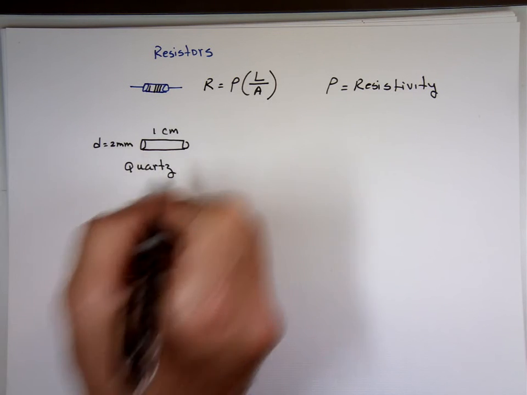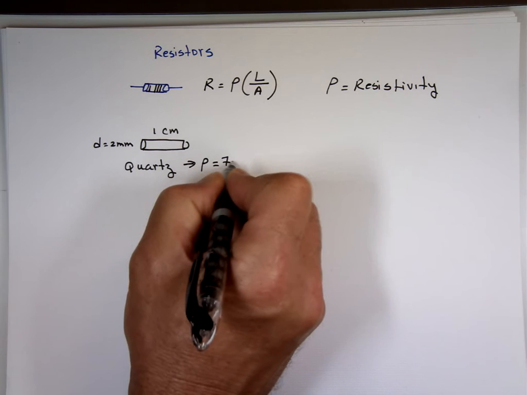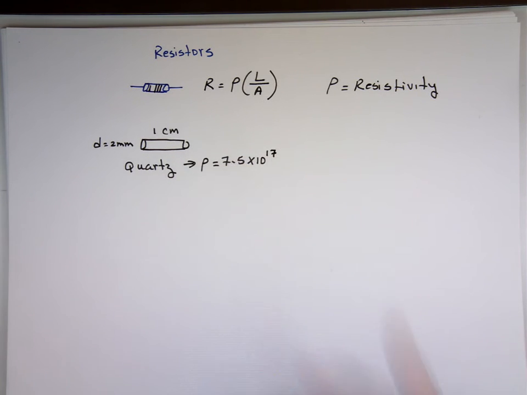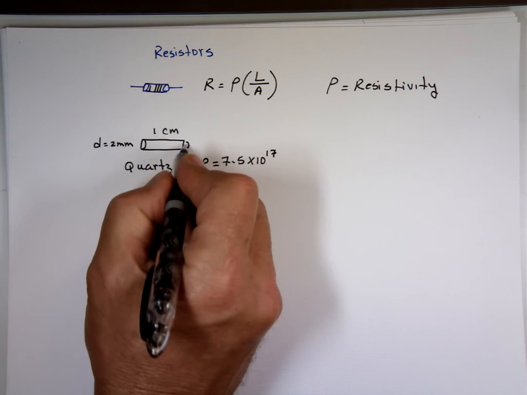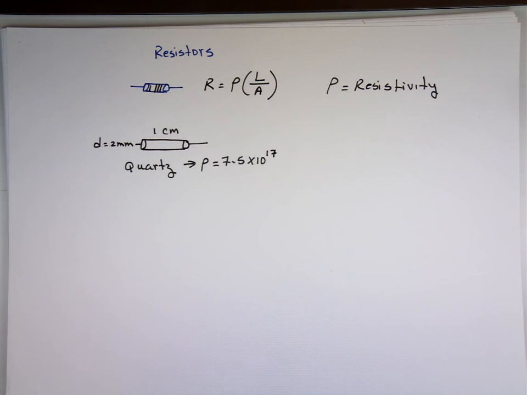Quartz has rho equals 7.5 times 10 to the 17. So what's the value of that? There's a wire again going through each end. What is the value of that resistor?